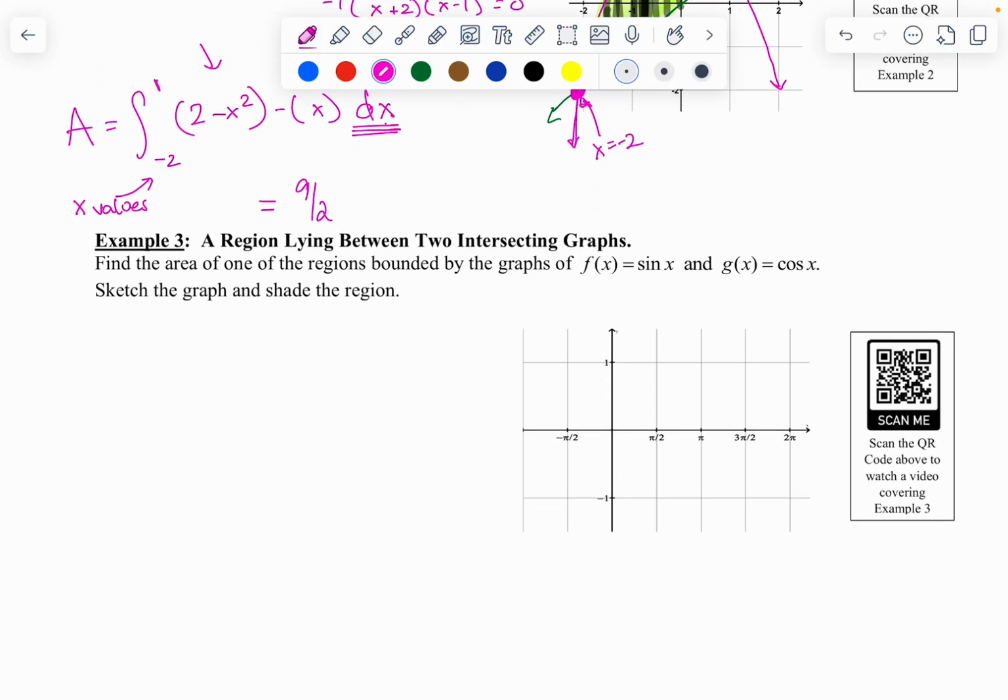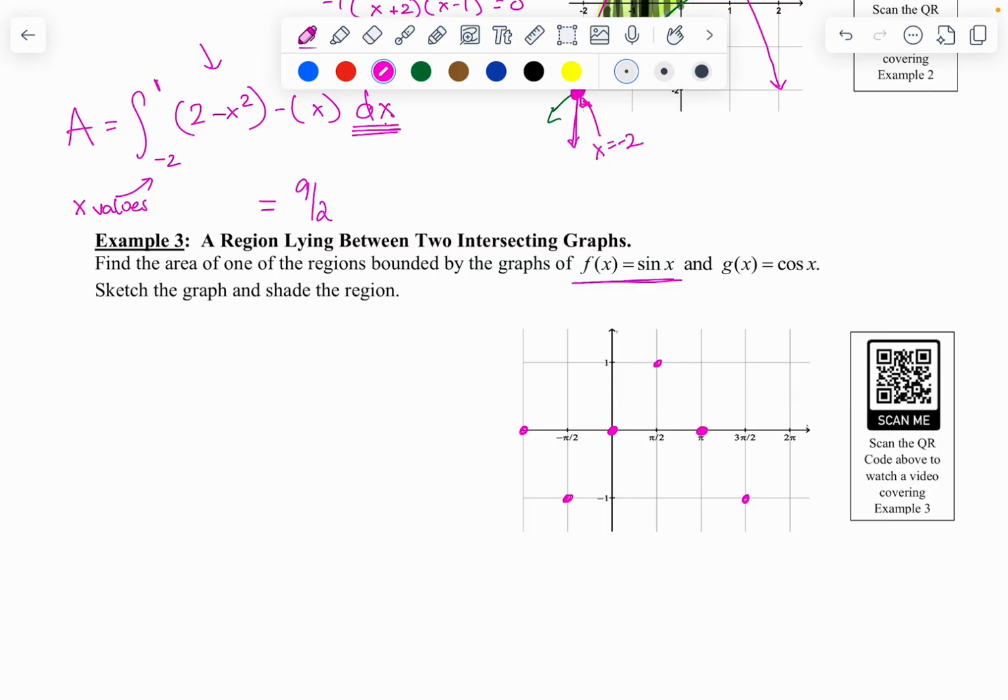A region lying between 2 intersecting graphs. Find the area of one of the regions bounded by the graphs of sine of x and cosine of x. So we know that sine of x is at 0. At pi over 2, we're going to be at 1. At pi, we are back at 0. At 3 pi over 2, we are -1.